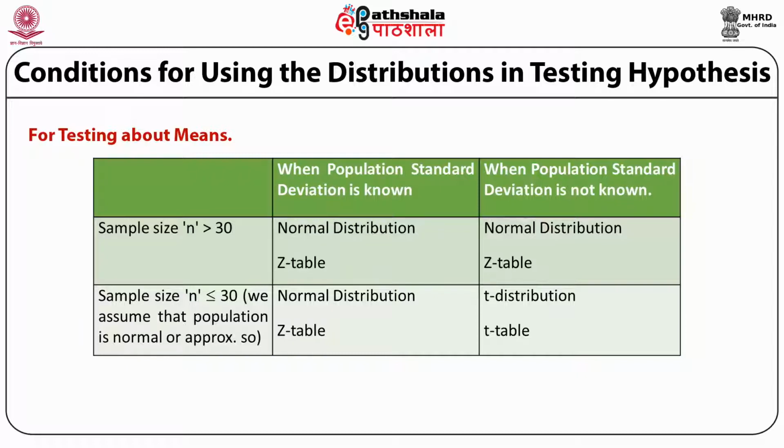When you are testing hypotheses about the means, and the sample size is more than 30, and the population standard deviation is known, or when the population standard deviation is not known, in both cases you have to use the Z table or the Z test.